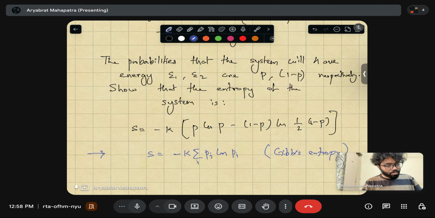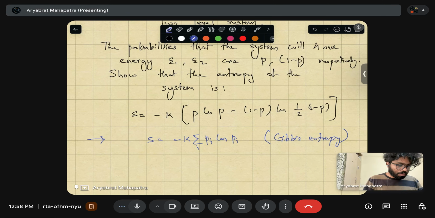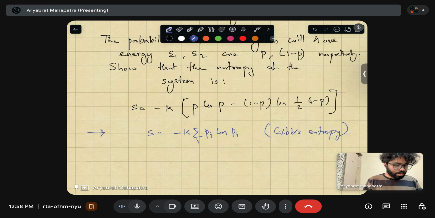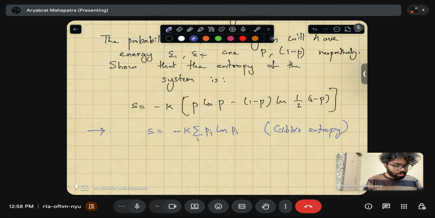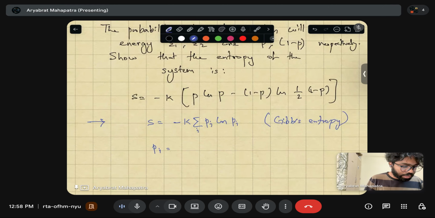This is something you perhaps also know as the Boltzmann entropy. In Boltzmann entropy the probability is given as 1 over omega.